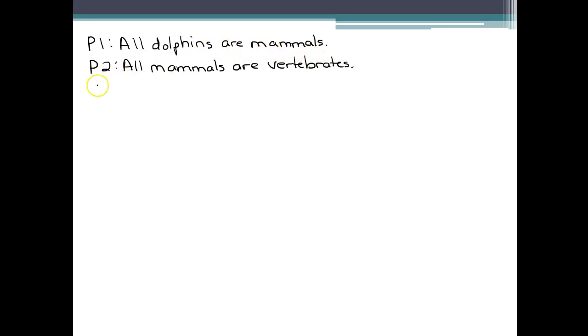Conclusion. All dolphins are vertebrates. Okay, so we have the word all appearing quite a bit. Remember, all means you're going to have a circle entirely inside of another circle when you're setting up your premises.